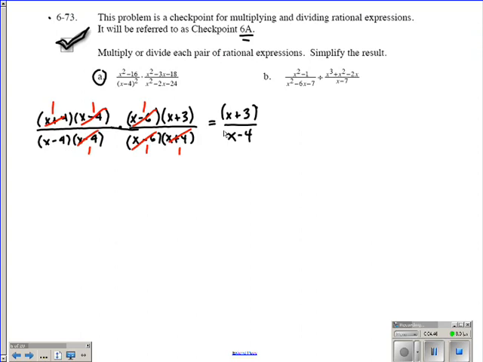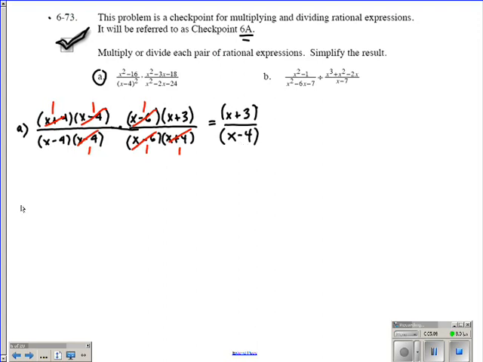It all goes together. This is also a factor. Remember, you have to have the exact same binomial that you're dividing by itself in order for it to cancel out, so to speak. So we end up with this being our final answer for A. We've got the quantity of x plus 3 over the quantity of x minus 4.